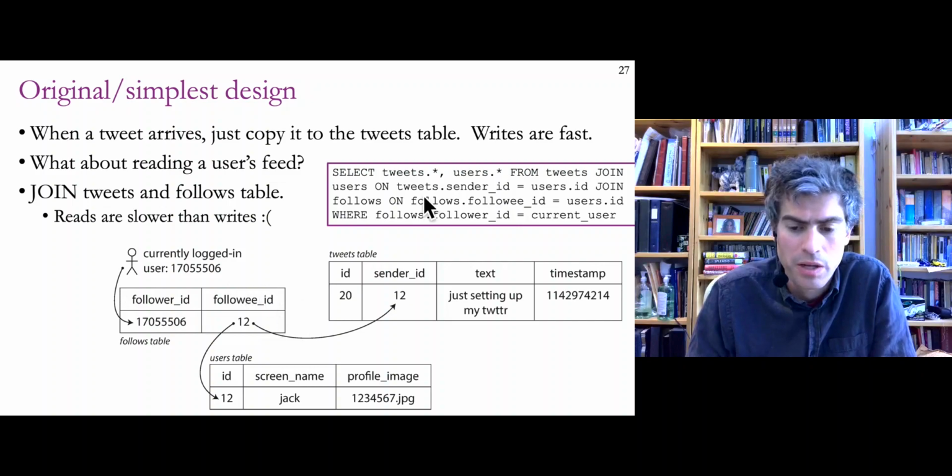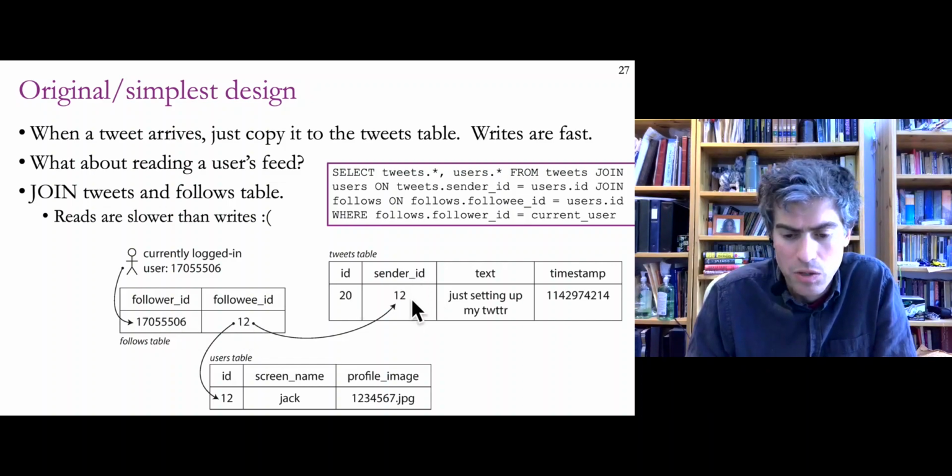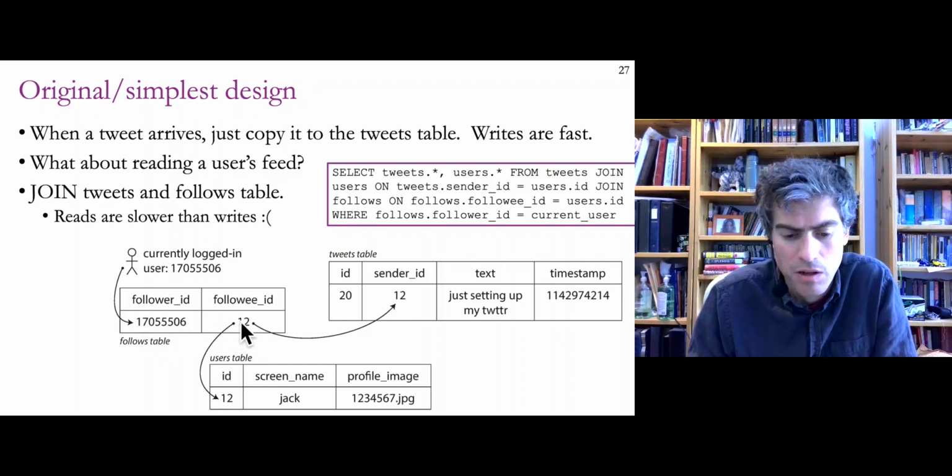So it's a join between the follower table, where there's a subset of the rows in this follows table where the follower ID matches the current user. And for all of those, there has to be a join of the followee ID and all the tweets that match it, right? So let's say there are 100 rows in this table that have 17055506 and then some different username as the followee, as the person who's being followed.